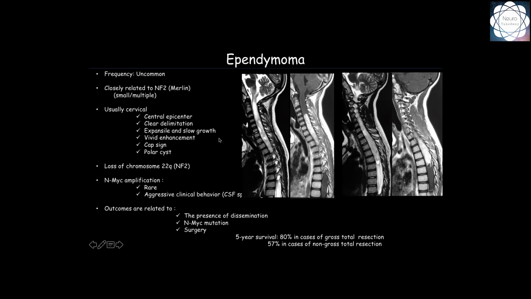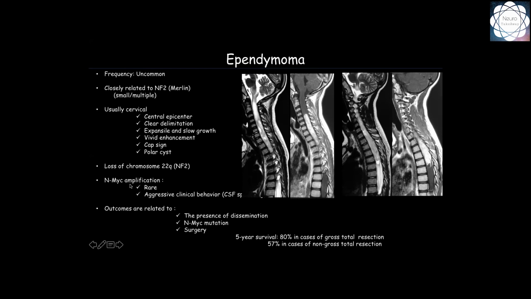The CAP sign, which is this linear low signal intensity on T2 gradient echo sequences because of hemosiderin. And the polar cyst, you can see one of these here at one of the poles of the tumor.